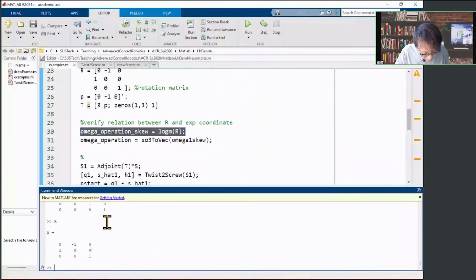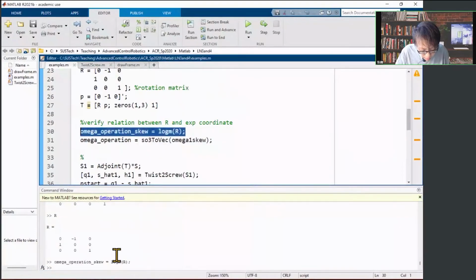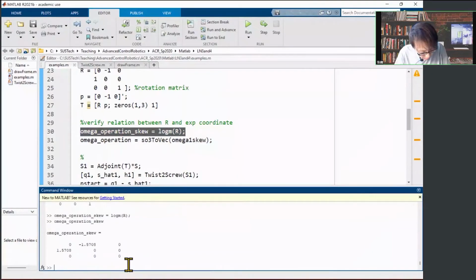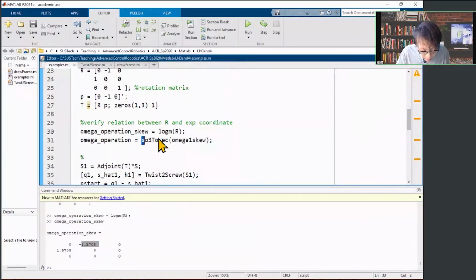So let's take a look at this. If you take log R, that's omega in skew symmetric form, which should be a skew symmetric matrix. This is the half pi thing, right? And Modern Robotics has a way to convert from little so(3) to the vector itself. That's very easy.